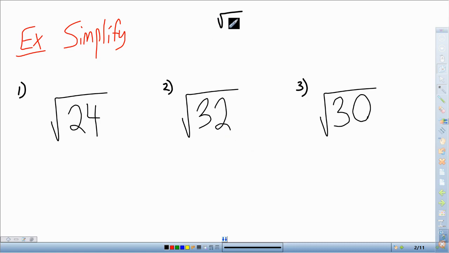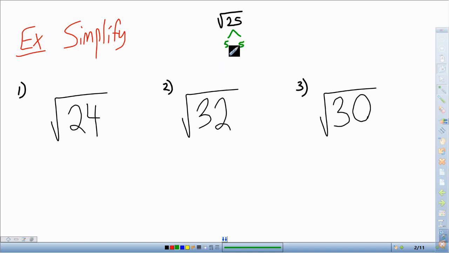You don't need to write this necessarily, but say I wanted to simplify the square root of 25 and hadn't memorized that it's 5. Here's what I could do: break it down into its prime factors. What are the numbers that multiply to get 25? Well, 5 times 5.